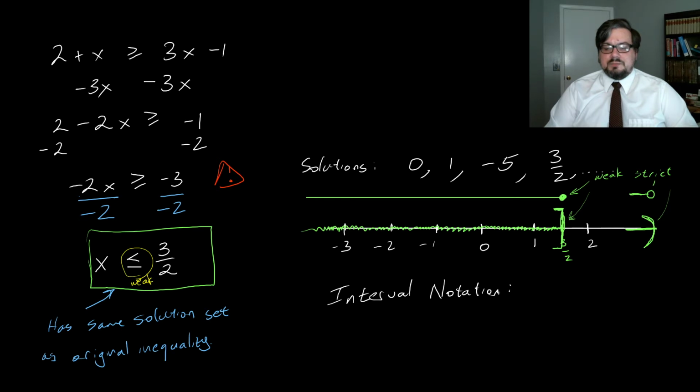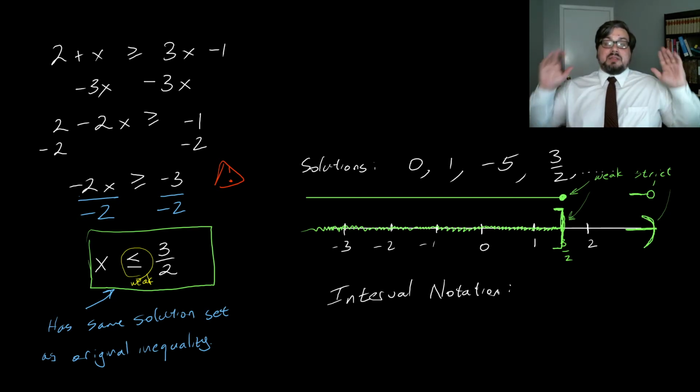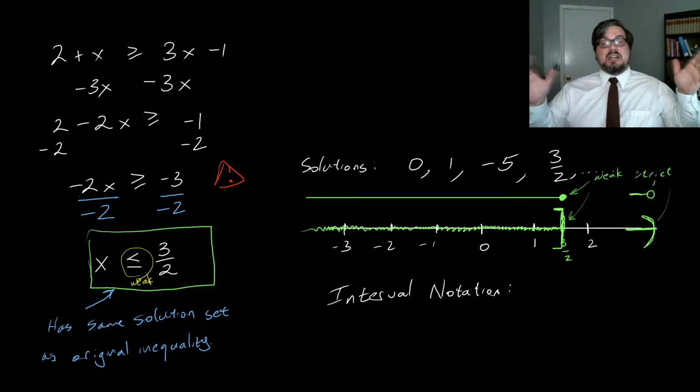Interval notation will describe all the numbers in our shaded green region, and it's going to do that by describing the two endpoints of the region. An interval is the set of all numbers that lie between two endpoints.